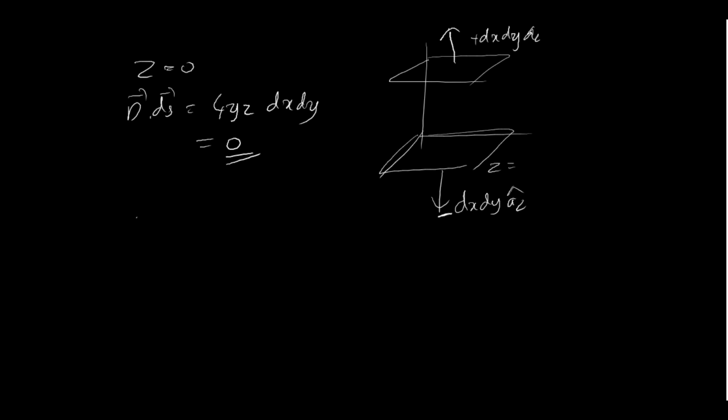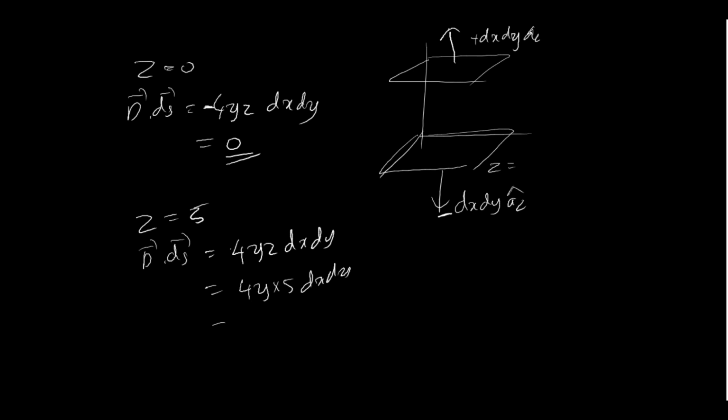At z is equal to 5, D dot dS is similar, but here it was minus, so here it will be plus 4yz dx dy. It will be 4 into y into 5 dx dy, so 20y dx dy.